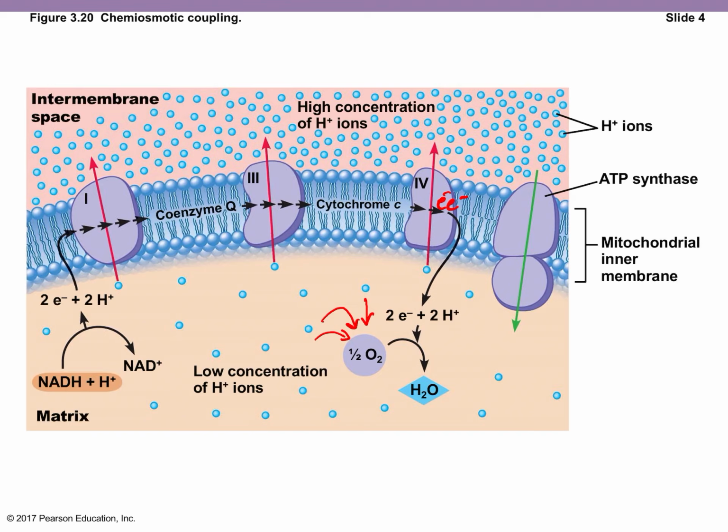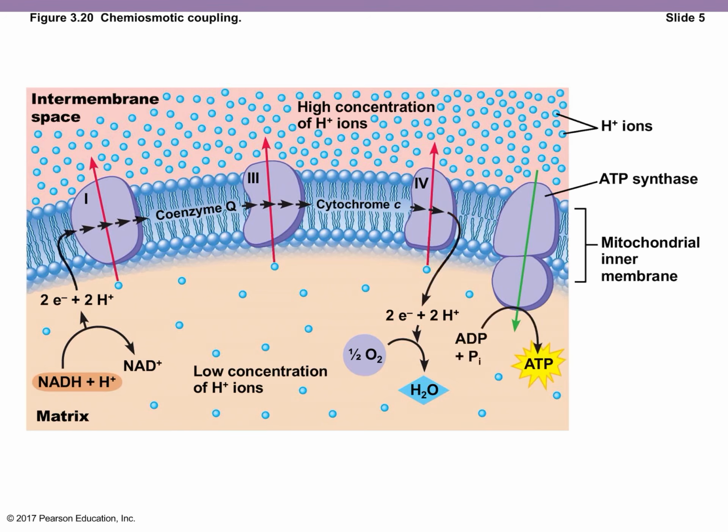Oxygen is very electronegative. It has a high affinity for electrons, and it will grab those electrons away from complex 4. Those electrons will combine with oxygen, and it says half an O2 molecule, right? So we're just doing an O molecule. It's just one oxygen atom. But it combines together, and we have some protons that will be attracted to the process and create a molecule of water.